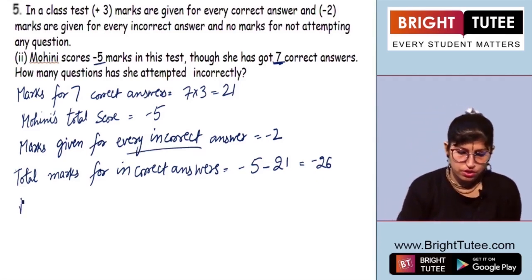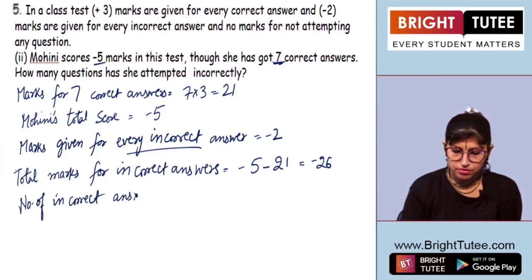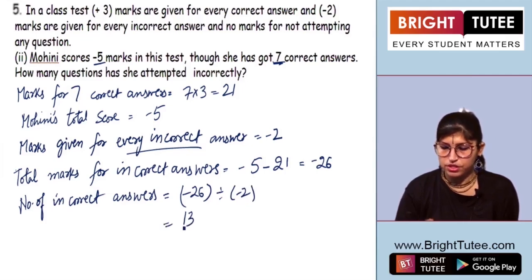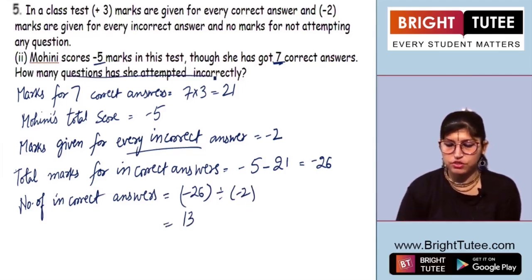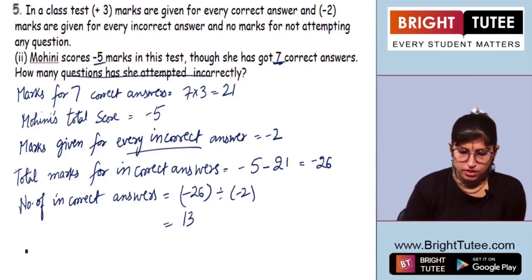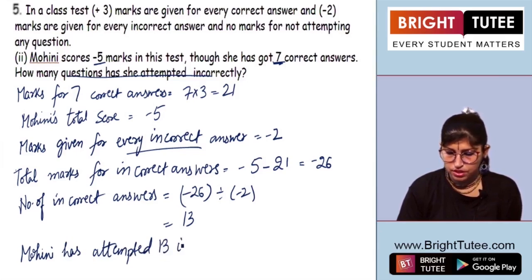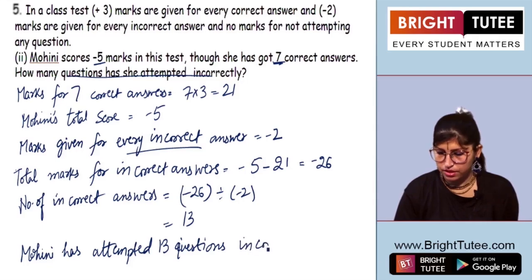So the number of incorrect answers will be dividing -26 by -2, which is 13. So Mohini has attempted 13 questions incorrectly.